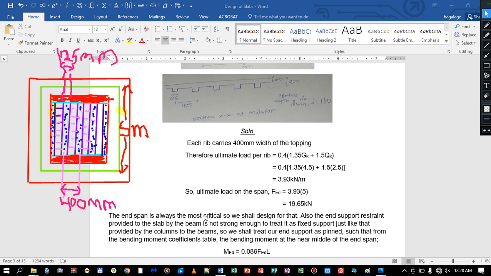Okay, after computing the load, the next thing we do is compute the design moments.